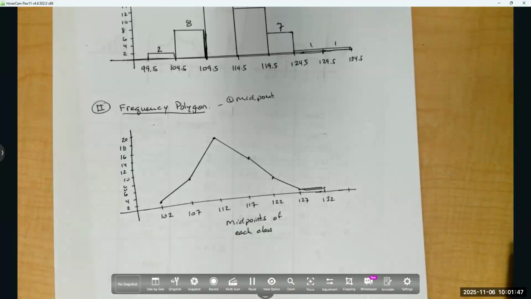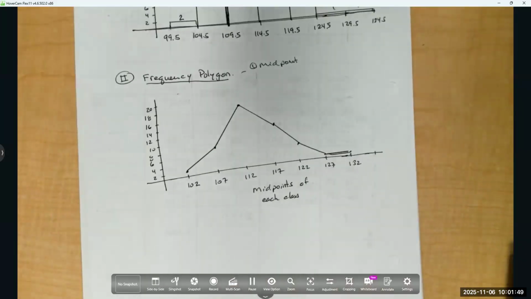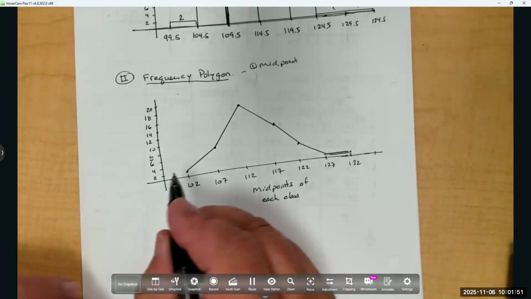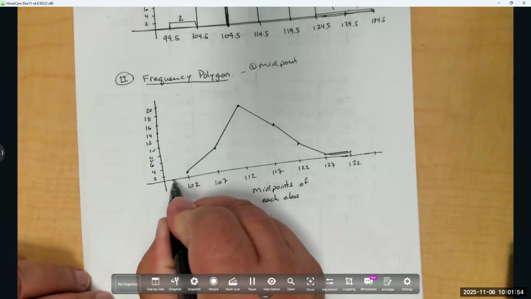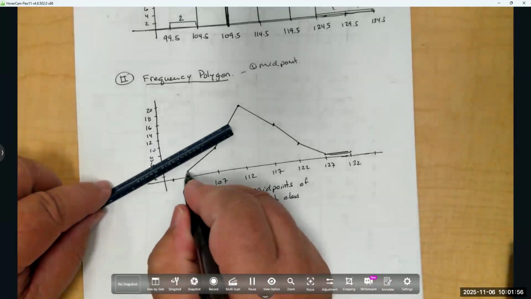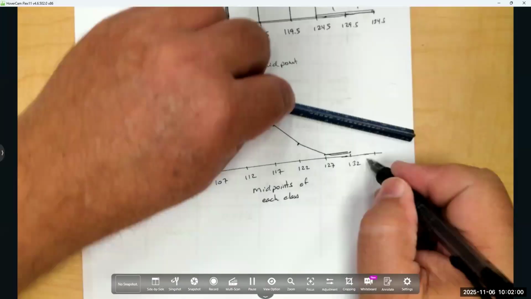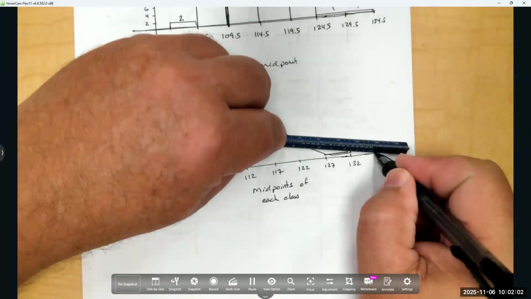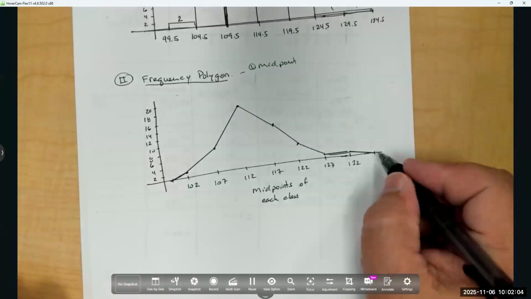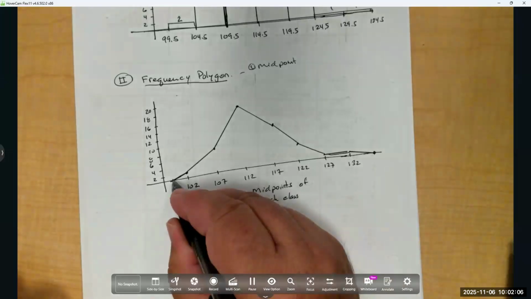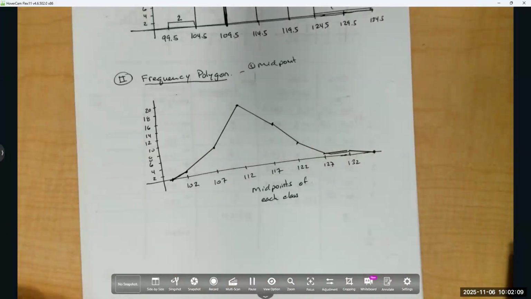But with frequency polygons, you always start and stop on the x-axis, because that's where the data starts and stops. It starts and stops on the x-axis itself. So far, so good.